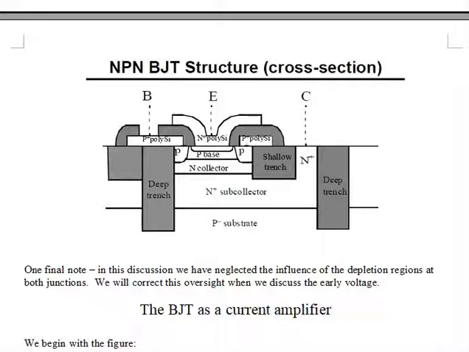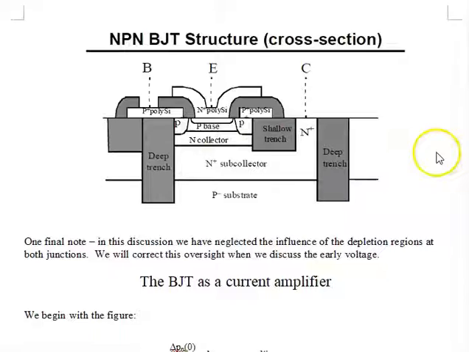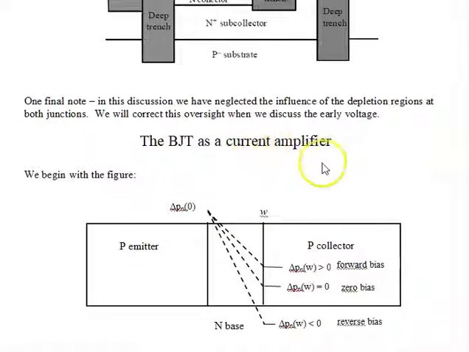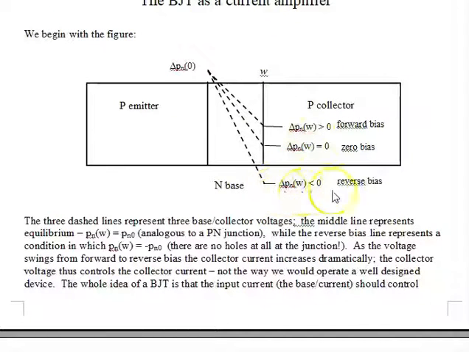Okay, so let's say just a couple of words. This will be more or less qualitative on using the BJT as a current amplifier. I'm going to repeat this diagram that we had a few pages back. This is the one that we're gunning for in forward active mode, where we put the base collector junction into reverse bias, and we get a nice, healthy collector current because the slope is quite high.